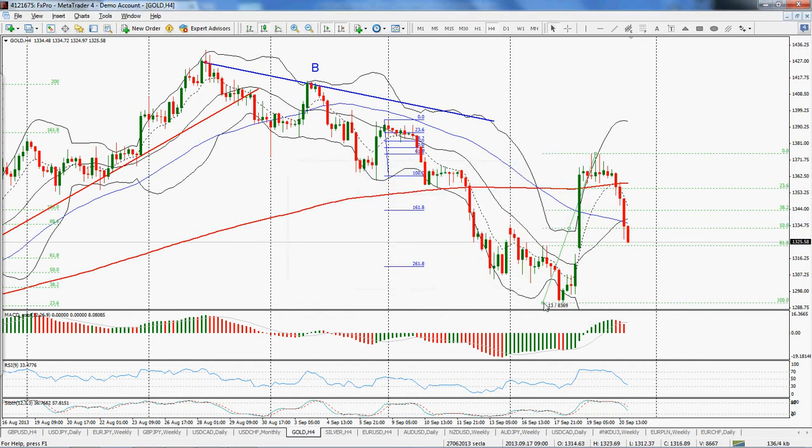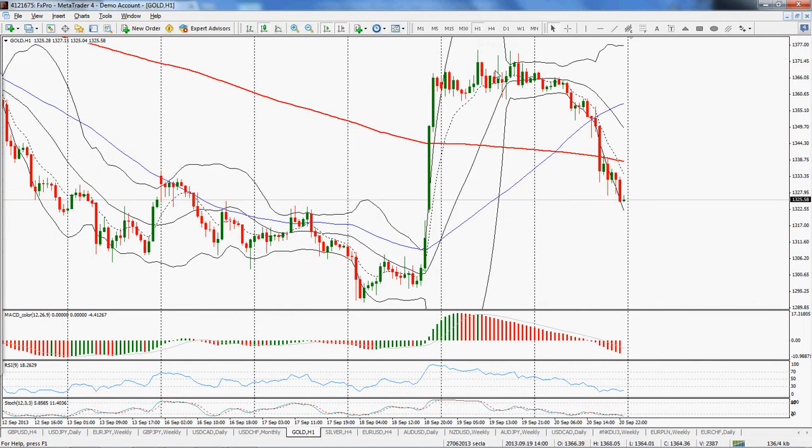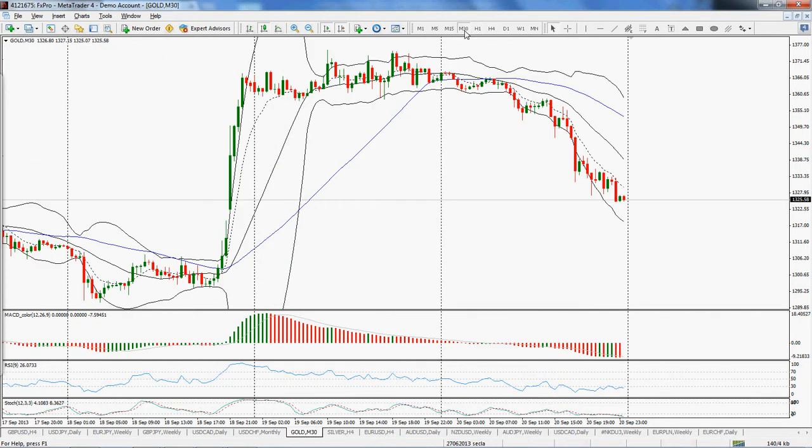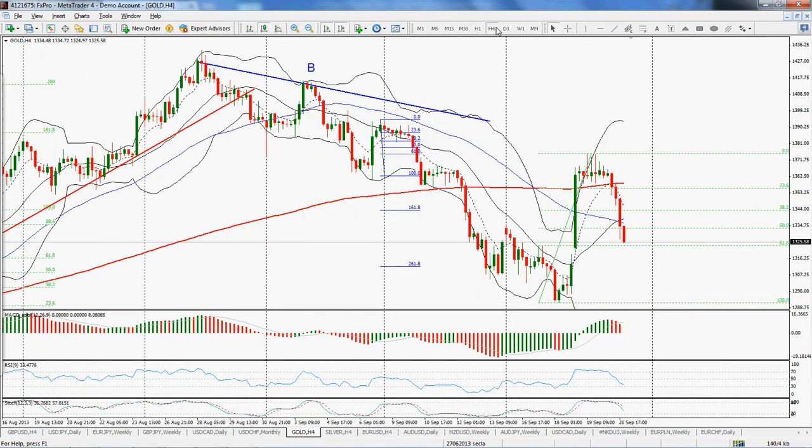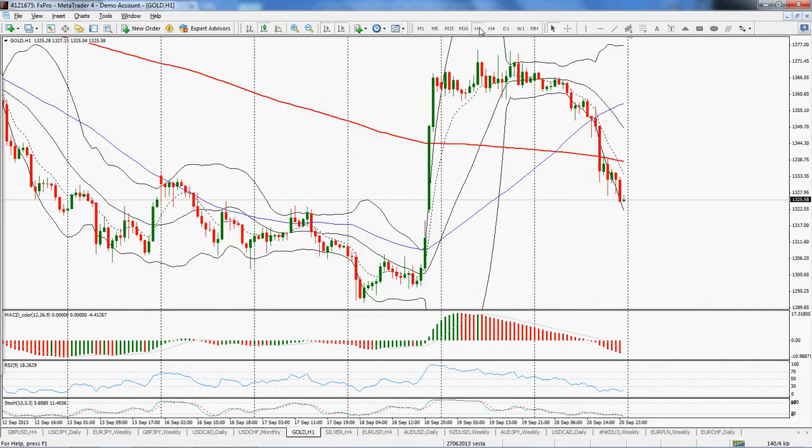Okay, and you can see the market is trying to reach this 61.8, which is very typical for a second wave reaction. Of course, one has to now consider this movement. It doesn't look like a zigzag, which is typical for a second wave reaction. But what we could have here is the fourth wave.